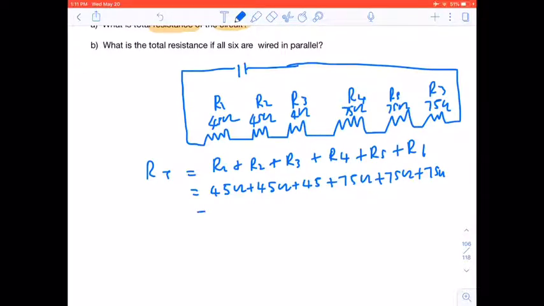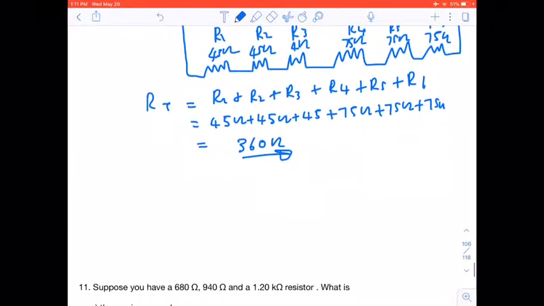And if you add it up, that gives us 360 ohms. You just need to add it up, and that gives you 360 ohms.